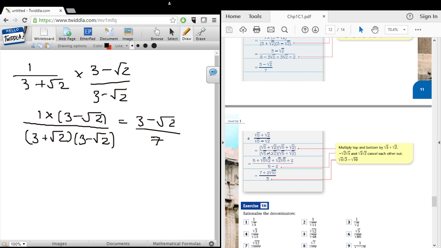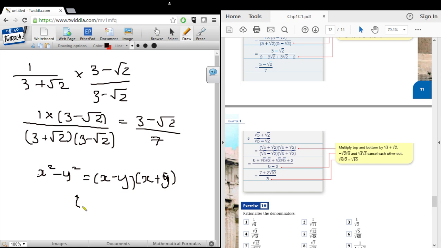And similarly here, you'll recall for this particular denominator, 5 minus 2, the way that they've achieved that is by using the rule that we discussed earlier on in the book, which was that if we have x squared minus y squared, that we will have x minus y and x plus y.